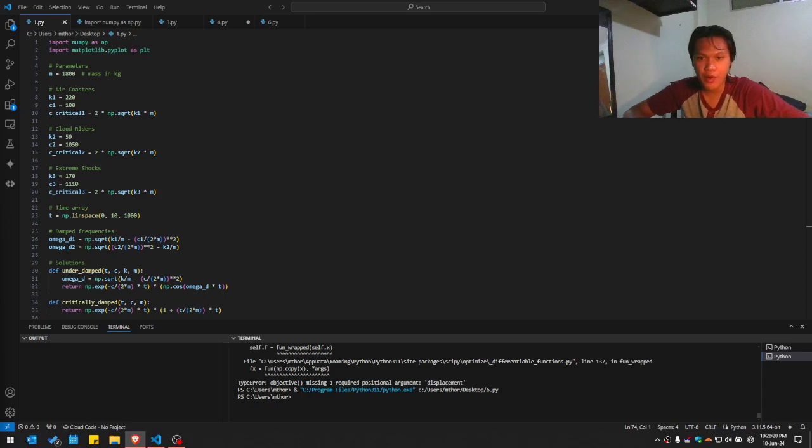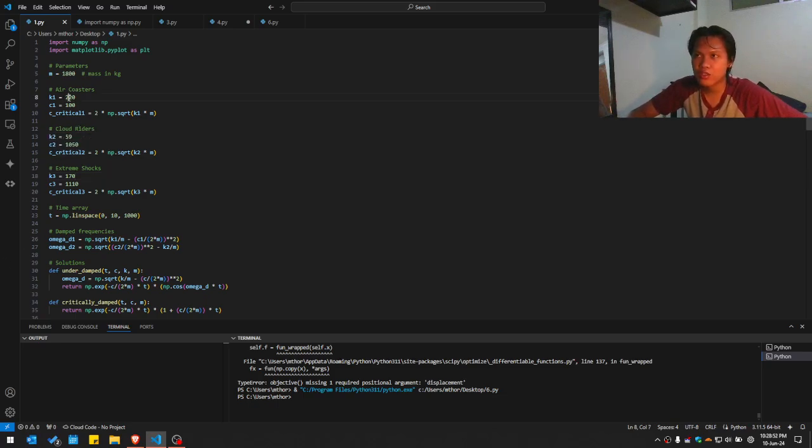The question for number one is to model the suspension system of a STT trailer while it is loaded with a satellite using these three different shocks: Air Coasters, Cloud Riders, and Extreme Shocks, which have spring constants and damping coefficients of their own.